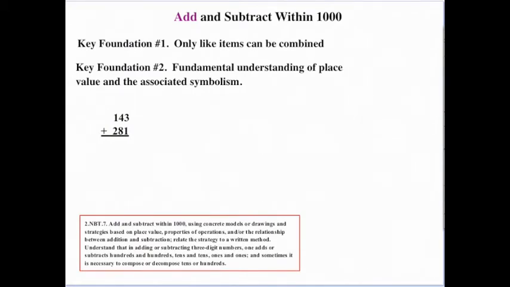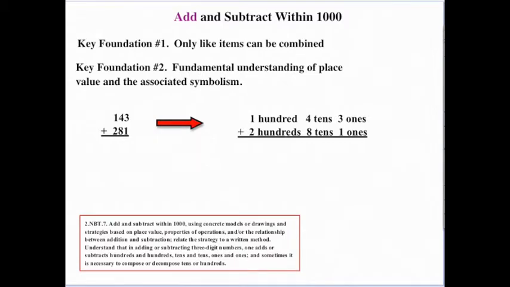So let's go through an example of each. Let's start with adding. If we're going to add and subtract within 1,000, let's say that we were adding 143 with 281. It's always a good idea to expand this out so that the kids understand this idea that is being pushed by the standard: that you have to deal with combining hundreds with hundreds, tens with tens, and ones with ones.